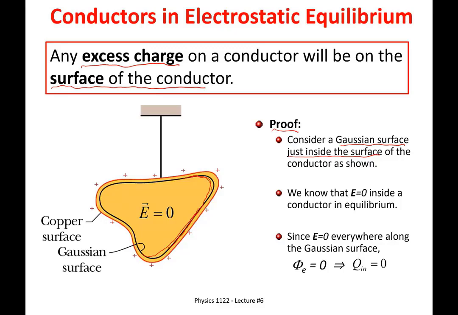And since E is equal to zero, the flux through that Gaussian surface is going to work out to be zero. Therefore, by Gauss's law, we can say that the charge inside is equal to zero. So this is the standard Gauss's law proof to show that the excess charge inside the conductor is going to be equal to zero.